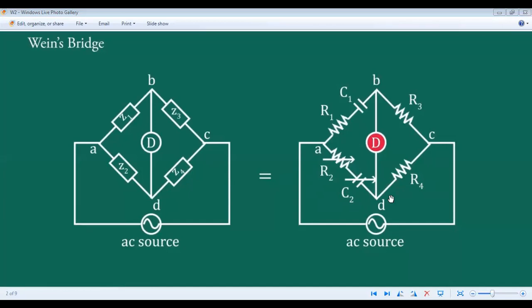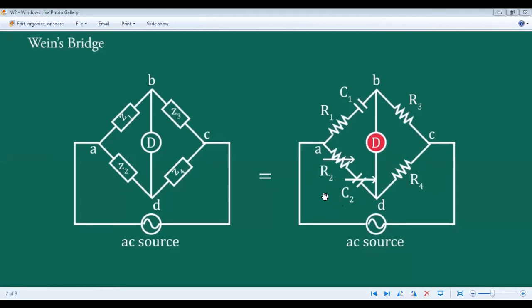In the four arms of the Wien bridge, we are adding four resistances, R1, R2, R3, and R4, and two capacitances. R2 and C2 are unknown. All the components are known except R2 and C2. We must find out these two values from the given bridge.